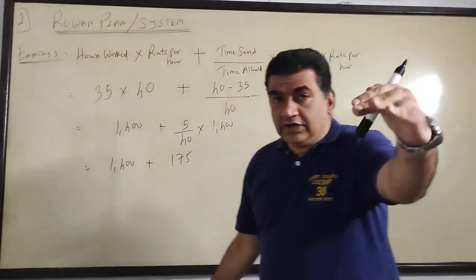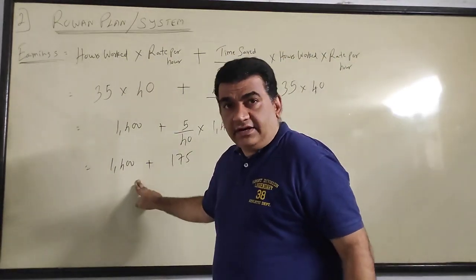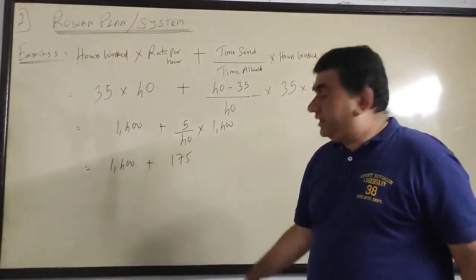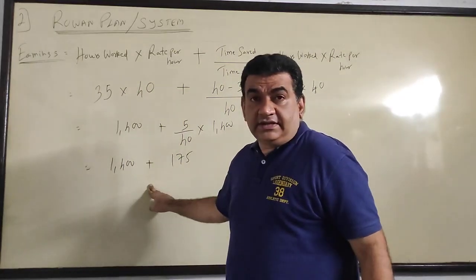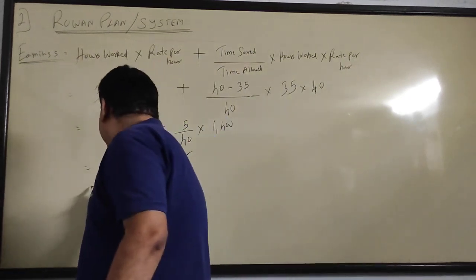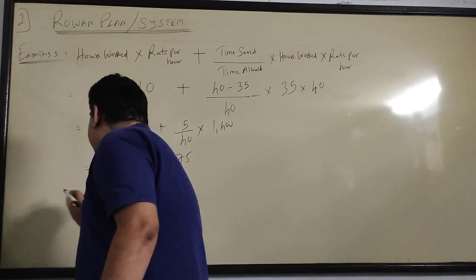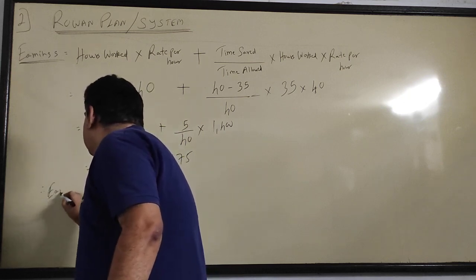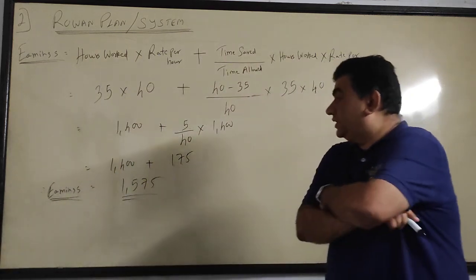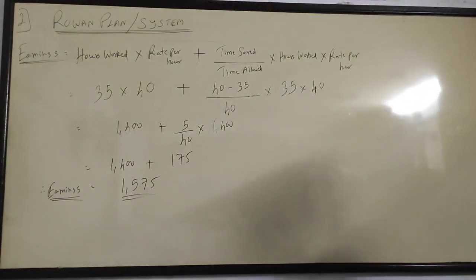So the conclusion and interpretation is this: normal earnings 1400 plus the bonus 175. So this gives you 1575. So therefore my earnings under Rowan system or Rowan plan is 1575.